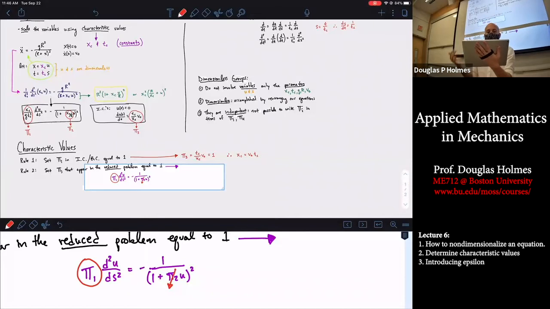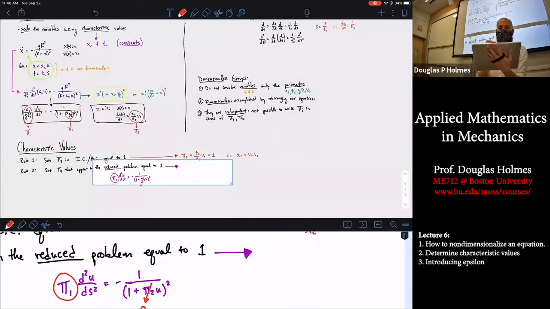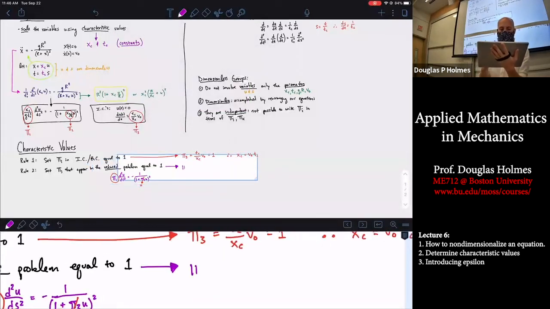So rule 2 says pick the pi that appears in the reduced problem and set it equal to 1. Pi 1 appears in the reduced problem because we're going to throw out pi 2. Can't really throw out pi 1. And so, and this is the part that I think trips people up, we're going to take pi 1 and set it equal to 1. So pi 1 is XC g over TC squared.